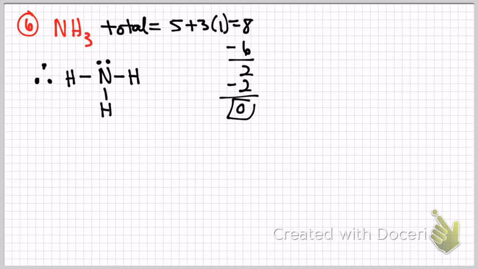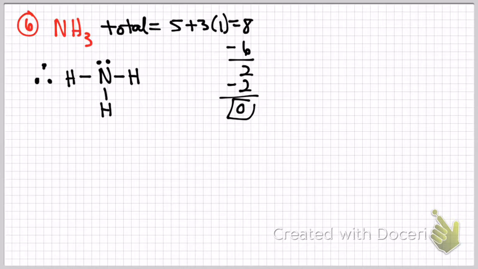Now, here's what we do when we've got VSEPR and we've got lone pairs. You still simply go to the central atom and you count up the number of pairs of electrons. It doesn't matter whether they're bonding pairs or lone pairs. They still are going to repel each other. They're going to try to get as far away from each other as possible. This is 4 pairs.